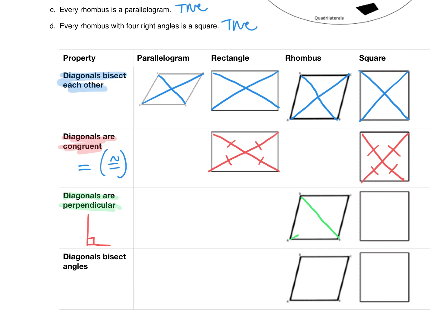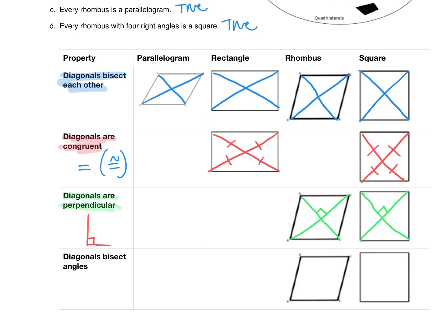If you draw the diagonals in from across to each side, you will find that there is a little square representing the perpendicular sign. And same with a square. A square has diagonals that are also perpendicular. Again, you will see a little square on the inside to indicate the 90-degree angle.